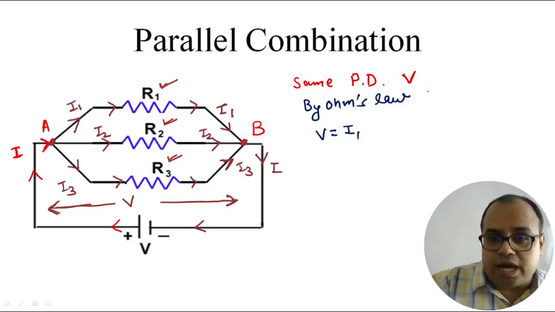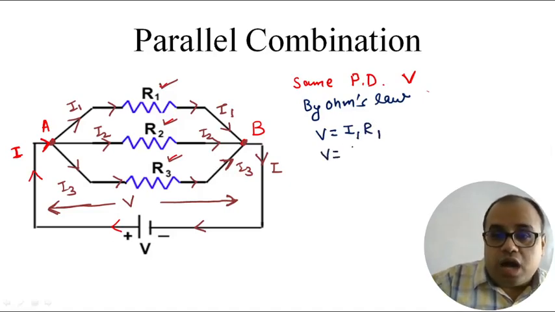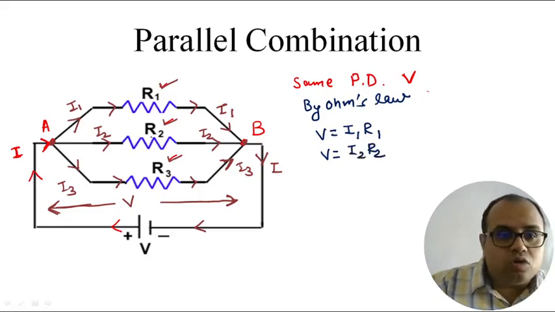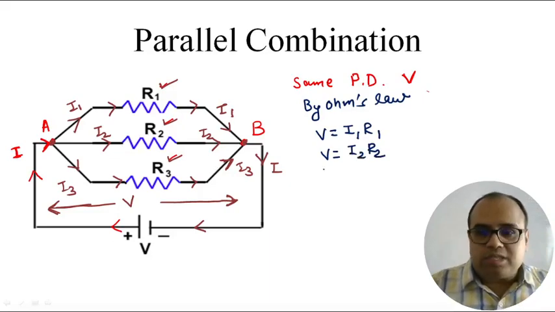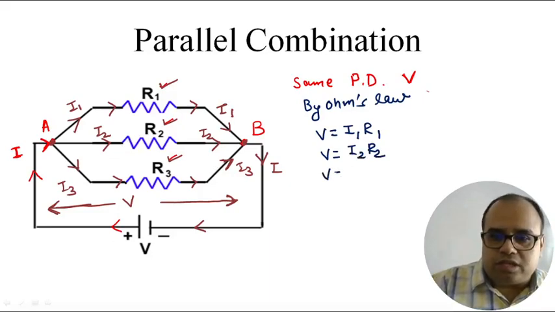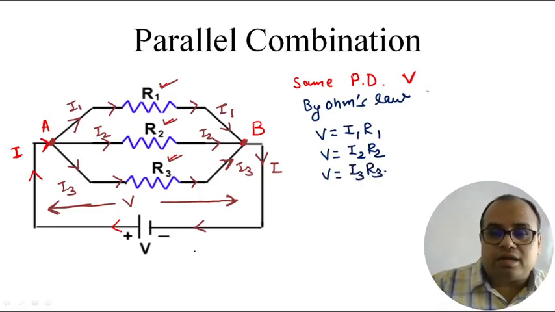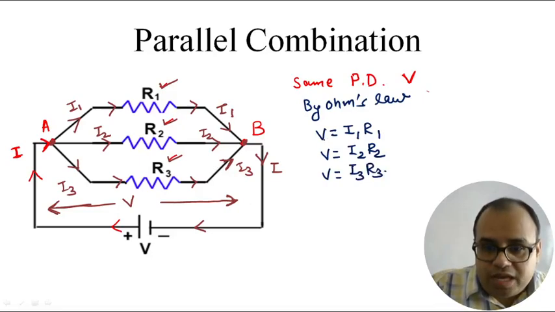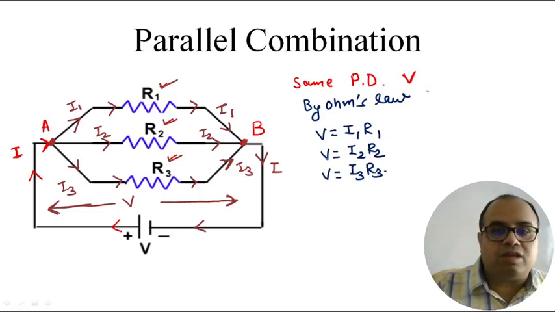Similarly, V equals I2 times R2, because I2 current is flowing through R2. Similarly, V equals I3 times R3. So V equals I1 R1, V equals I2 R2, V equals I3 R3.